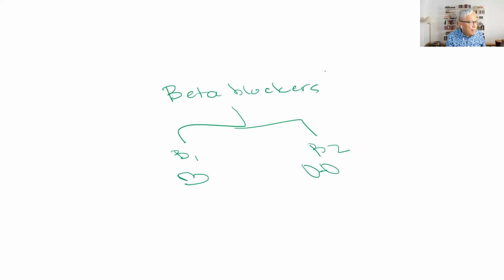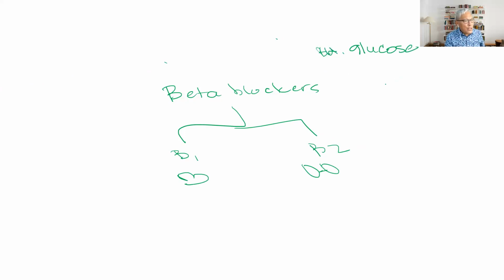So the side effects are going to be the following. So one of those that you are asking is glucose. What does it do to blood glucose?